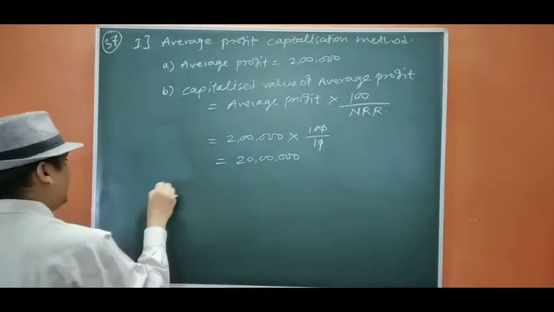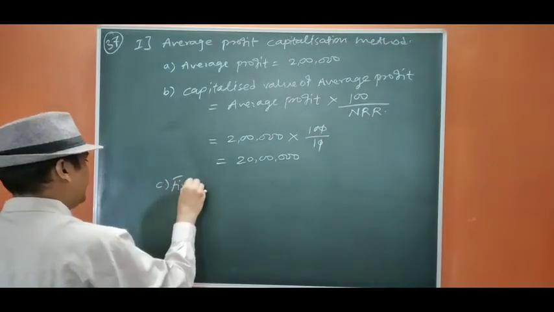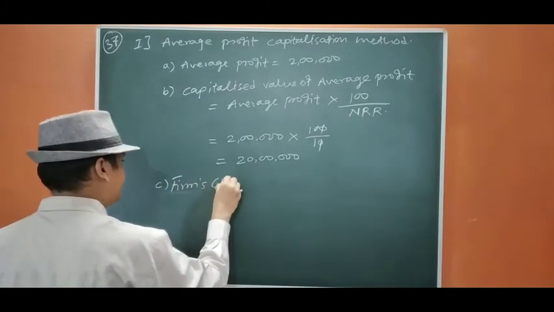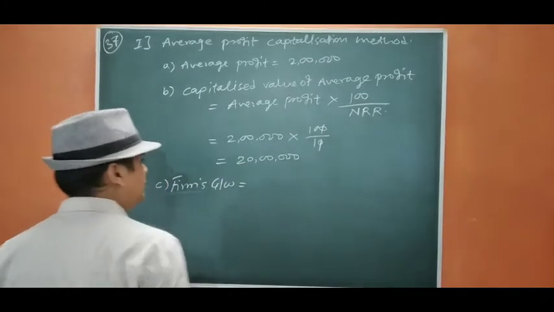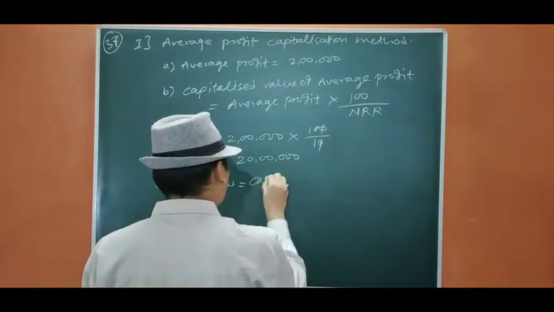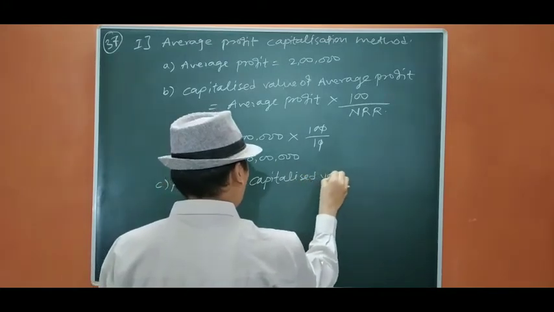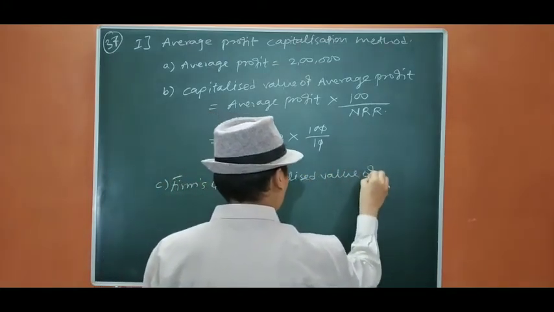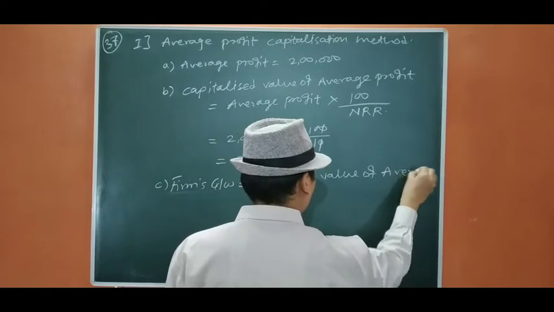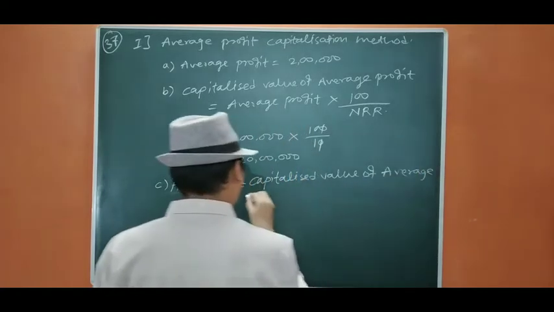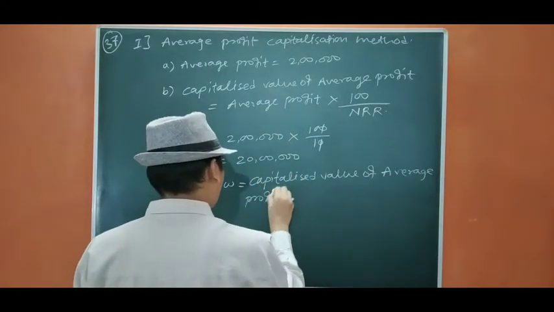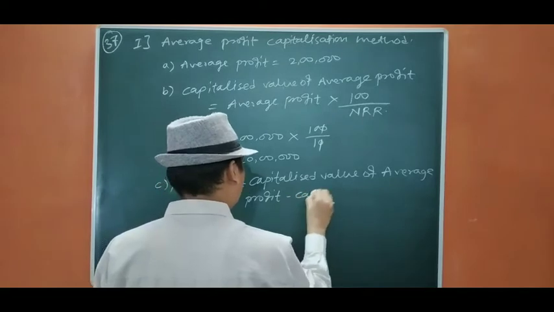Now, C, firm's goodwill equals to capitalized value of average profit minus capital employed.